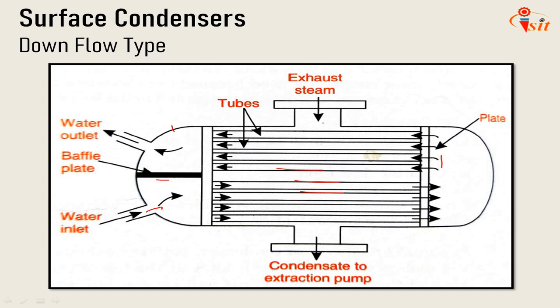The exhaust steam entering the shell from the top flows down over the tubes and gets condensed and is finally removed by the extraction pump at the bottom. Due to the fact that steam flows at right angle to the direction of flow of water, it is also called cross surface condenser.